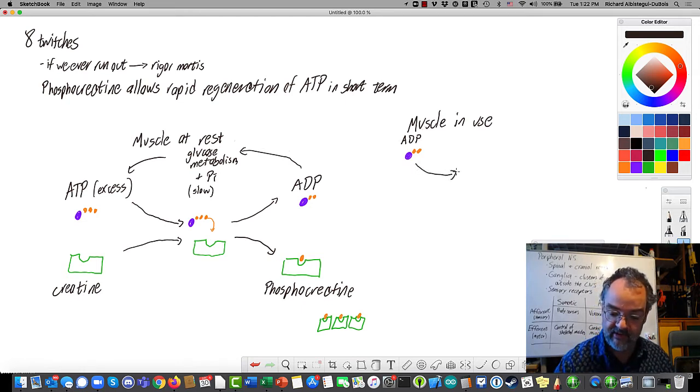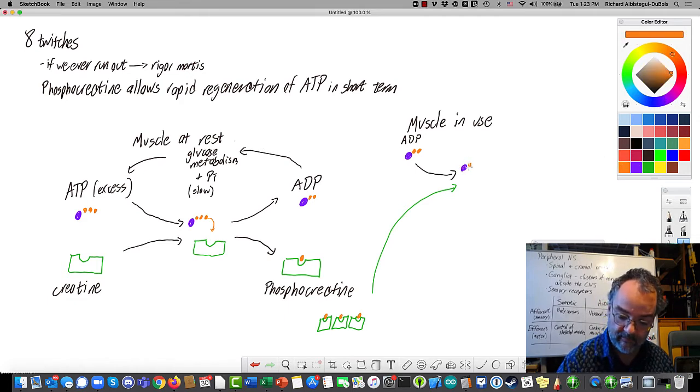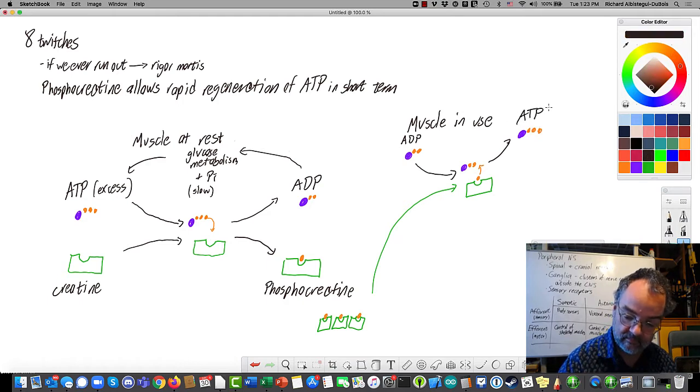If we take that and combine it with a phosphocreatine, we can transfer that phosphate back from the phosphocreatine to make ATP again. And this just becomes regular creatine again.